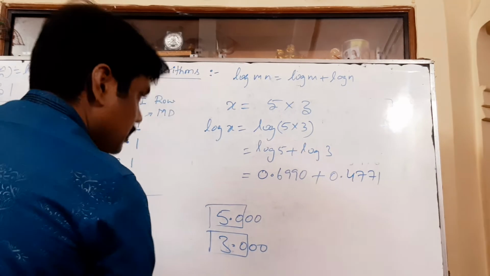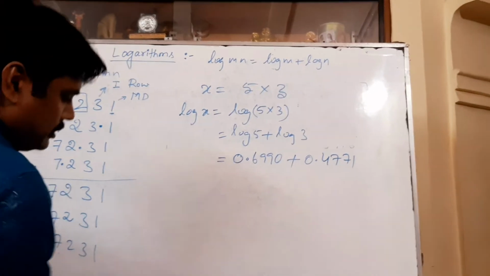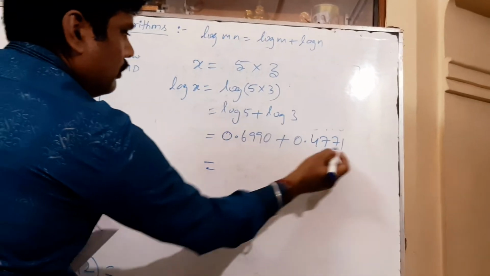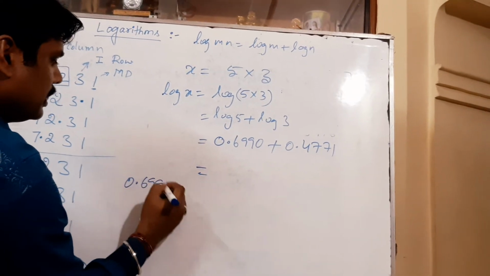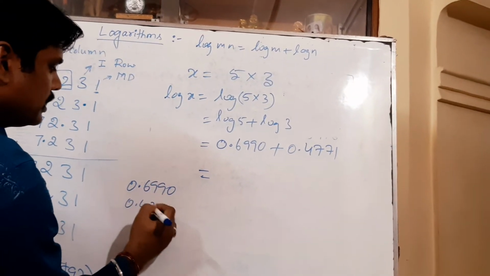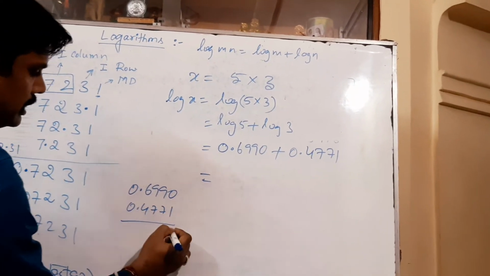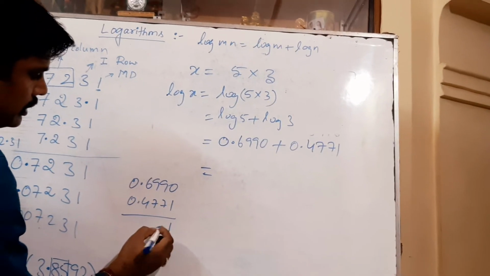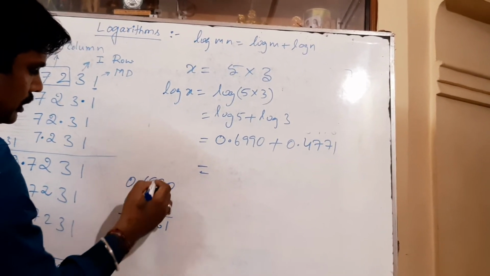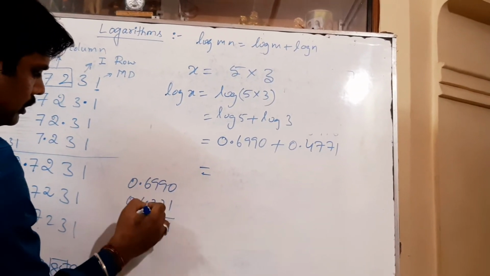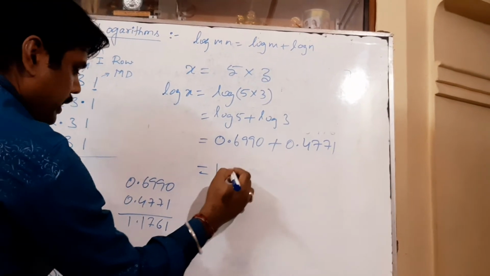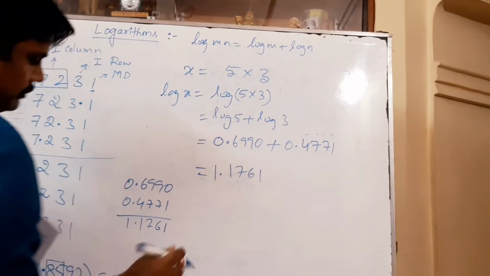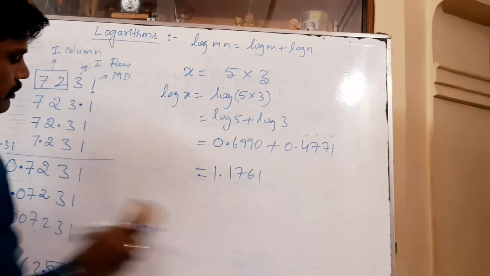Then if you are adding these two numbers, 0.6990 plus 0.4771: 0 plus 1 is 1, 9 plus 7 is 16, 1 carry, 10, 17, 1 carry, 10, 11, 1 carry, 1. So its value is 1.1761.